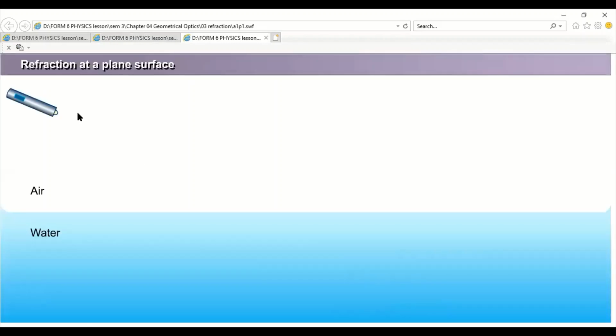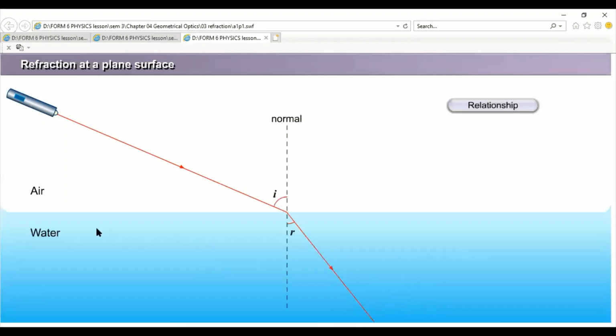For the phenomenon of refraction, where refraction occurs at a plane surface, if there is a surface between air and water, the optical density of water is higher than air. Meanwhile, the angle of refraction in the water will be smaller than the angle of incidence in air.